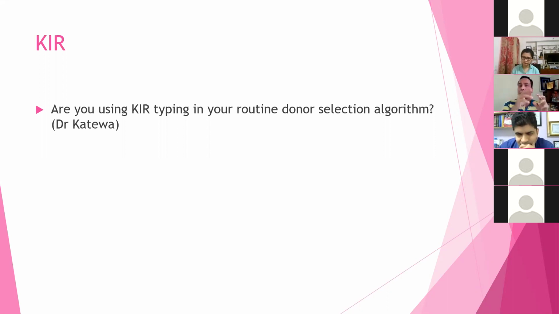But the story is different in non-malignant conditions, where haplotype A seems to be better, because a lot of things are there. But let me tell you again, in haploidentical transplant, where we are trying to do KIR typing, we have to remember that the majority of Indian transplants are post-transplant cyclophosphamide.